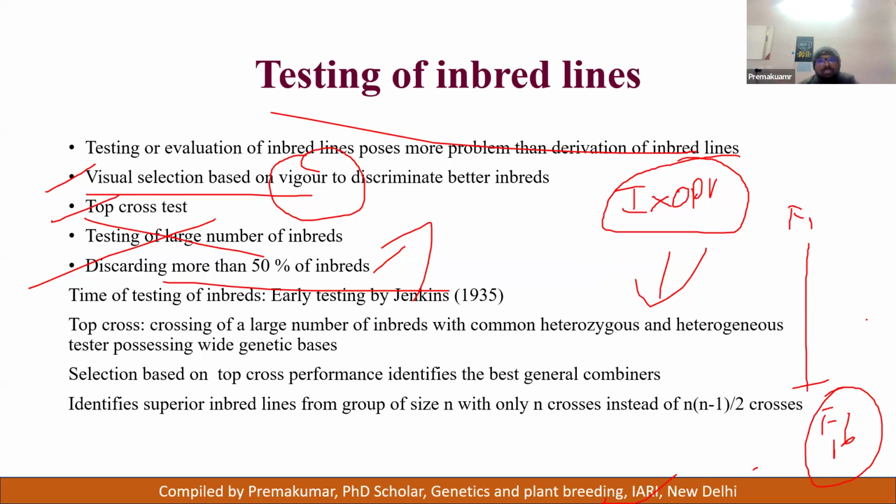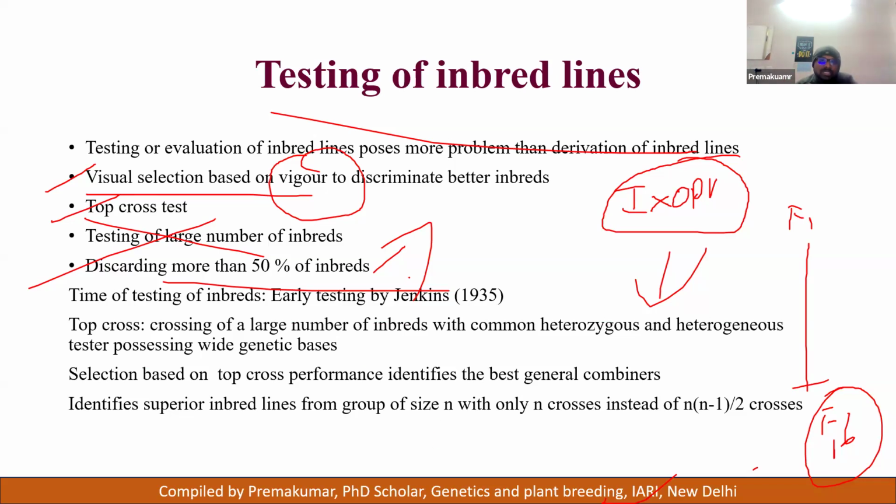Because handling thousands of inbred lines throughout this cycle is very difficult. It needs land, and every generation it will multiply. You have to decide at what point to test the inbred so that you reduce the number of lines and isolate the better inbreds.